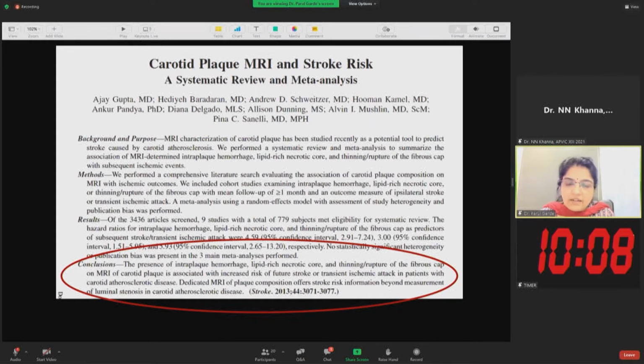This is a systematic review and meta-analysis which was published way back in 2013 in the journal Stroke, which said that presence of intraplaque hemorrhage, lipid-rich necrotic core, and thinning and rupture of the fibrous cap on MRI of carotid plaque is associated with increased risk of future stroke or TIA. And this, they have further asserted, is stroke risk information that MRI gives beyond what luminal stenosis is there at that point in the vessel.